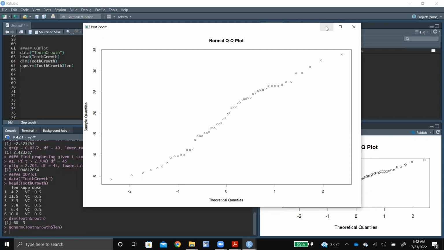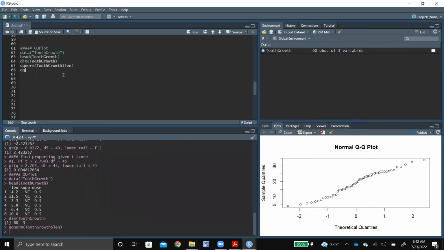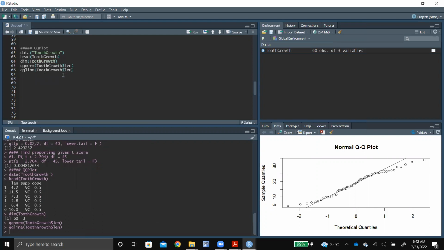To do that, we can add another statement, that is, we can use qqline, but this should be done after we do the qqnorm. So this should be qqline, and again the same variable that we need to choose, that is ToothGrowth dollar len. If we hit enter, this superimposes on the previous graph that we had.